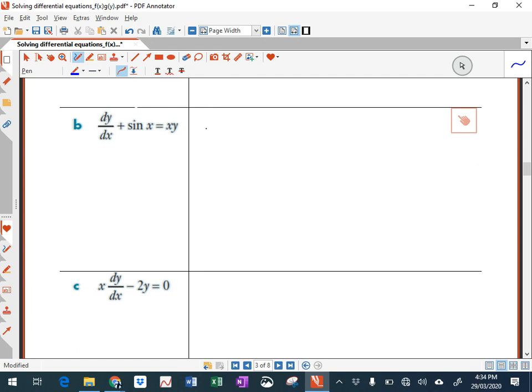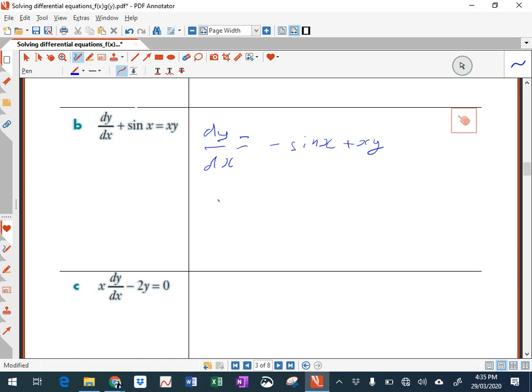Now, what about the next one? Okay, so this is a little bit trickier. First of all, I'm going to put the minus sine x on the other side, and then obviously plus xy.